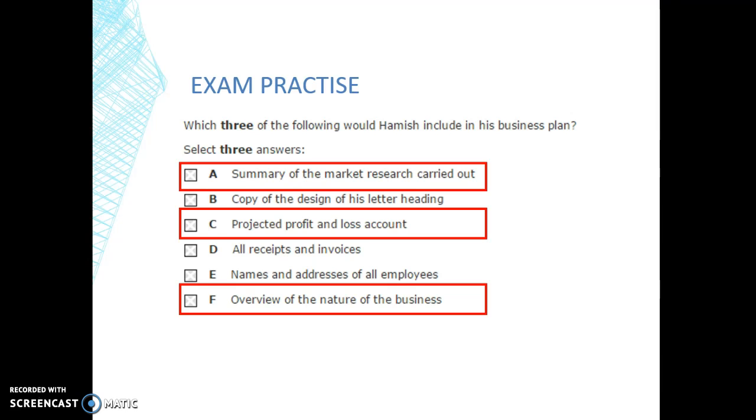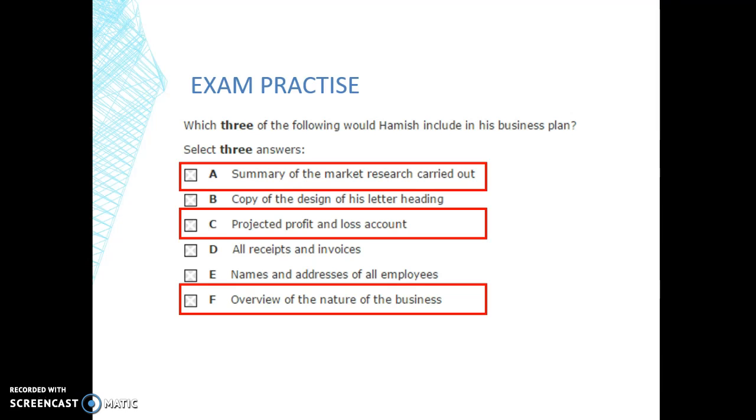Now, this was a tricky question. It was one of those questions which the examiners put in, and there were some answers in there which could have been right, such as copy of the design of his letter heading. It could have been right, but it isn't the most right answer of the answers that are here. Projected profit and loss account has to be in there. Overview of the nature of the business has to be in there.